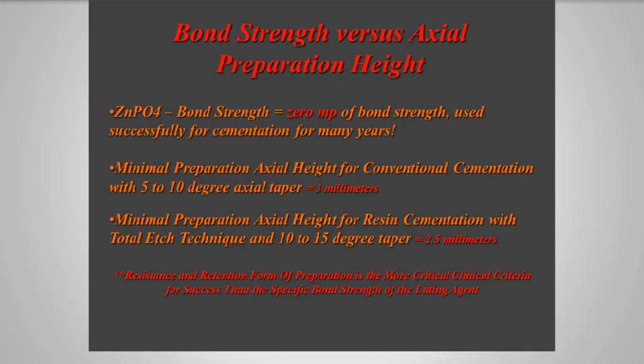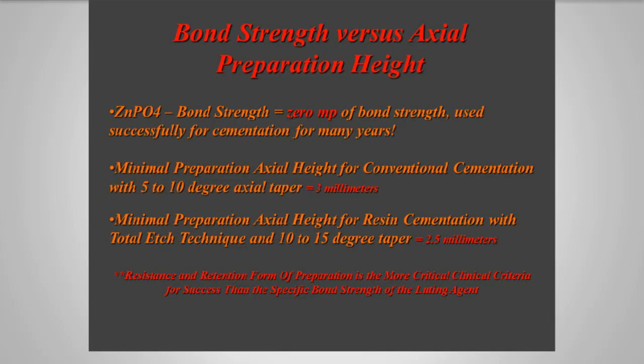Now, most preparations, in order to get a good cementation result, you need to have at least 3 millimeters of axial height and a 5 to 10 degree taper for any of the conventional cements. If your preparation is shorter, if the taper is greater, doesn't mean you can't cement with a conventional cement, but make sure your contacts are tight, because preparations with excessive taper or short axial heights are very likely for the cements to fail at some point.